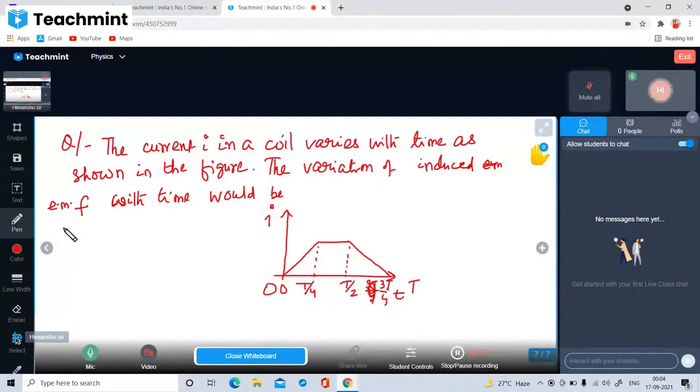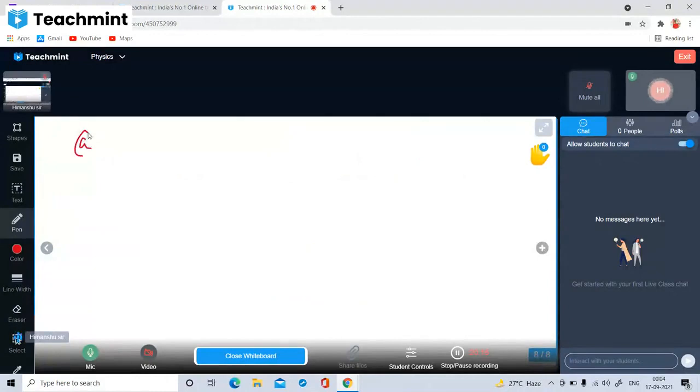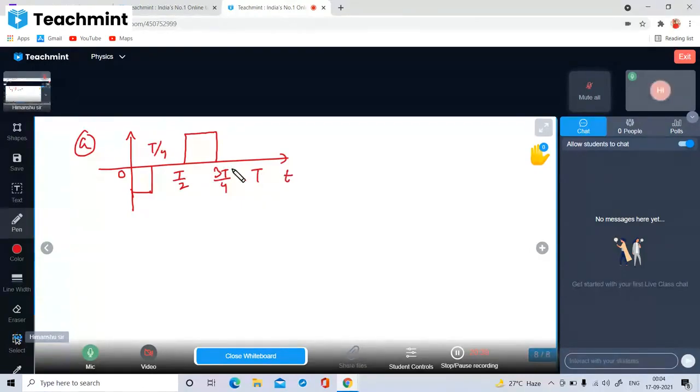And what are the answer figures? The answer figures are many. Let's do it. Option A: here it is 0 to t by 4, then t by 2 to 3t by 4, and that's t. Here it is time t, and here it is EMF.